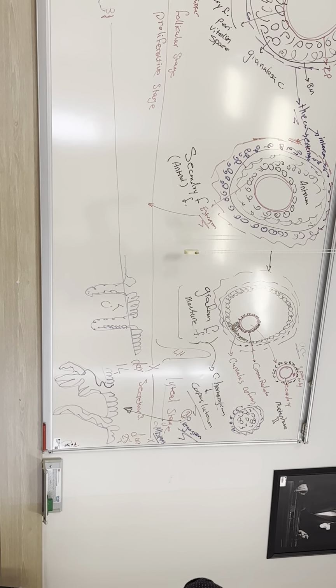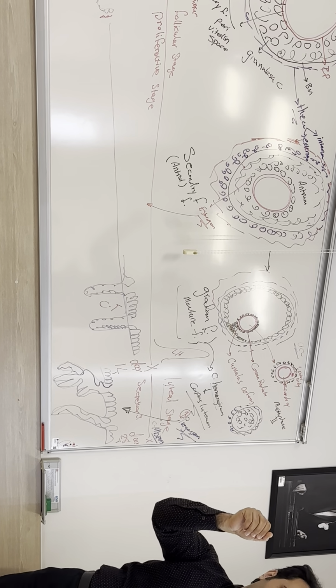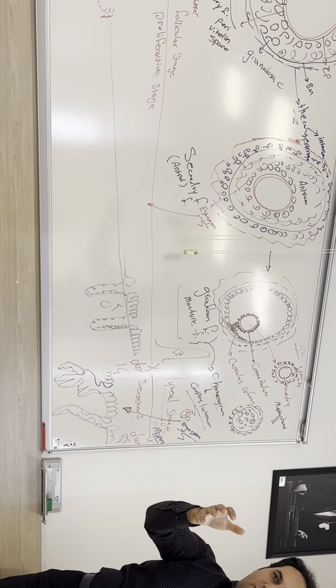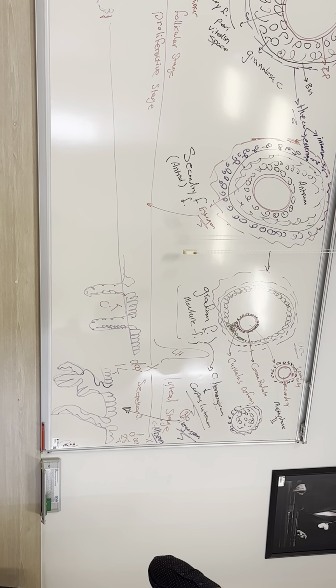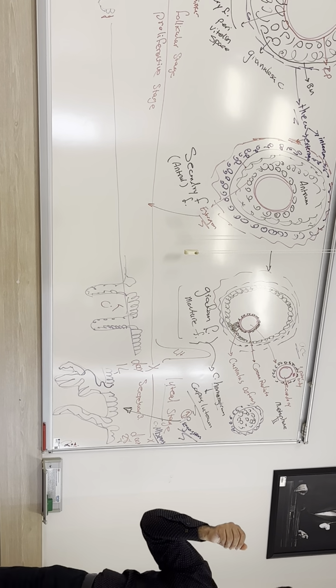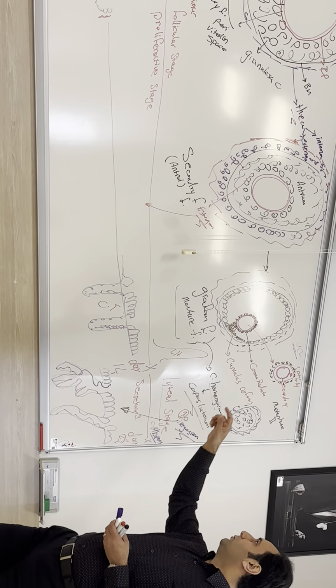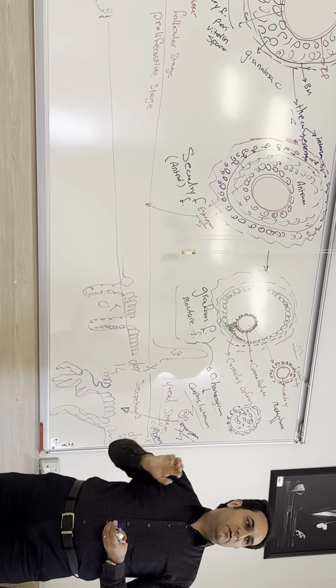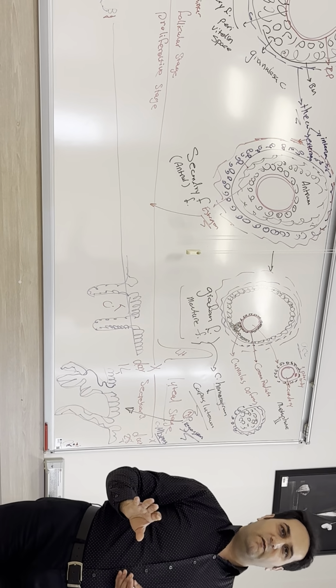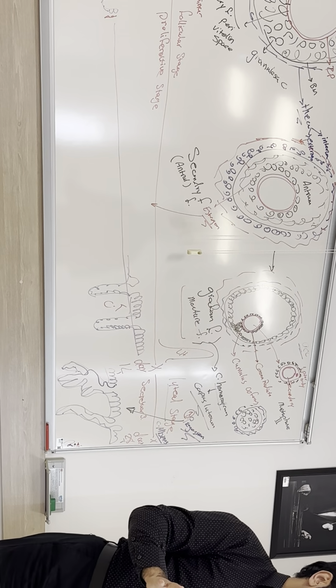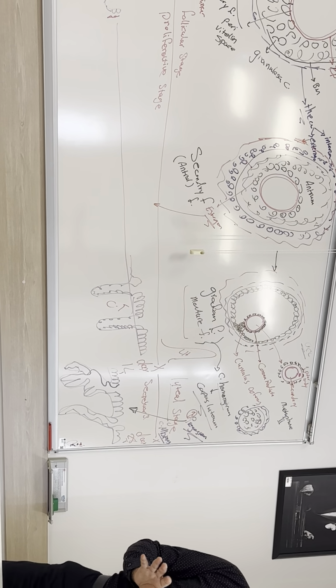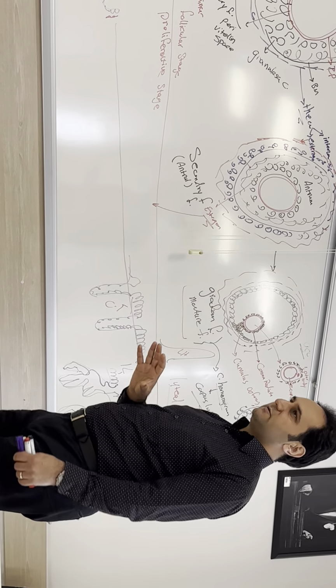You know the fimbriae of tuba uterina from the anatomy lecture? And with these phyllopodial movements, the cumulus oocyte complex entered into the ampulla of tuba uterina. In the wall of tuba uterina, we have two types of cells.